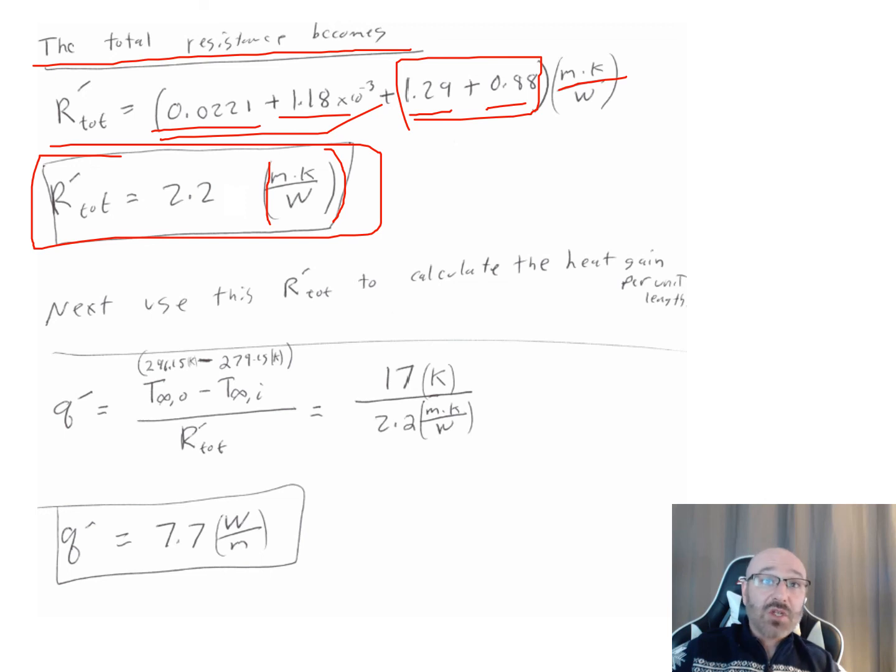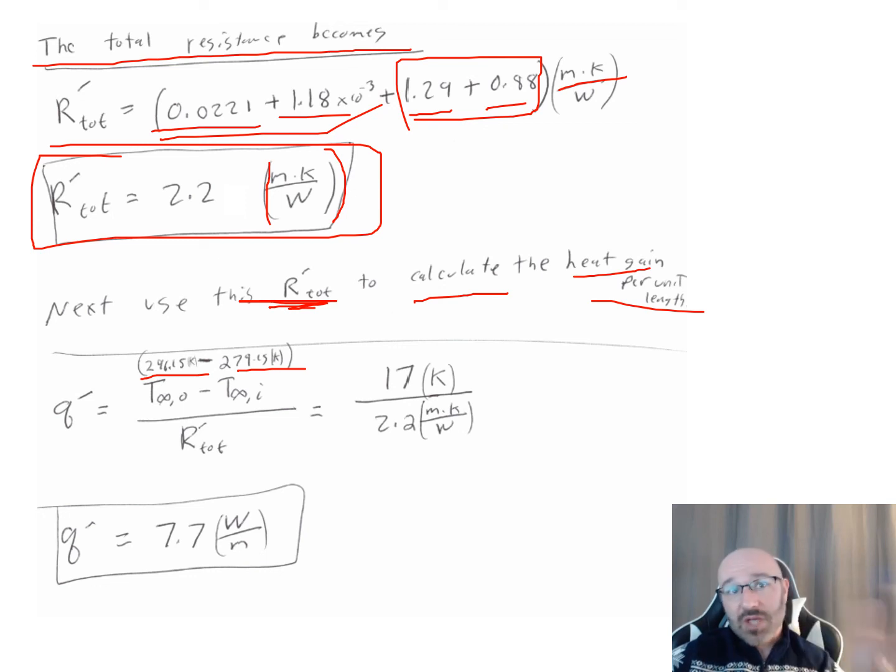Now, next we can use this total resistance value that we've just calculated in order to calculate what they asked us to solve for in part B, which is the heat gain per unit length. So same equation that we used before. Again, we can convert this to Kelvin when we do this out here. So we did it one way Celsius, one way Kelvin, just to prove ourselves. We could do it either way with the temperature difference, all divided by our total resistance.